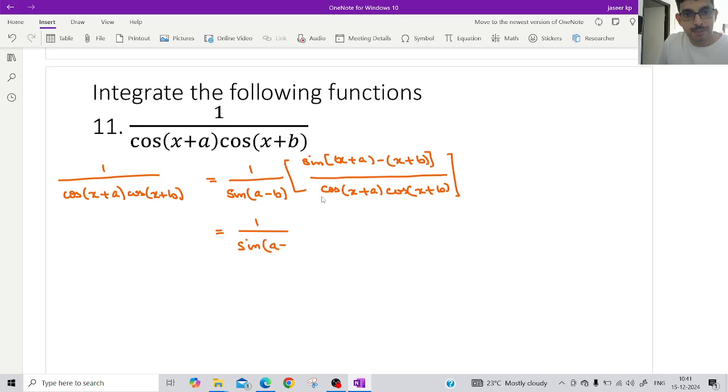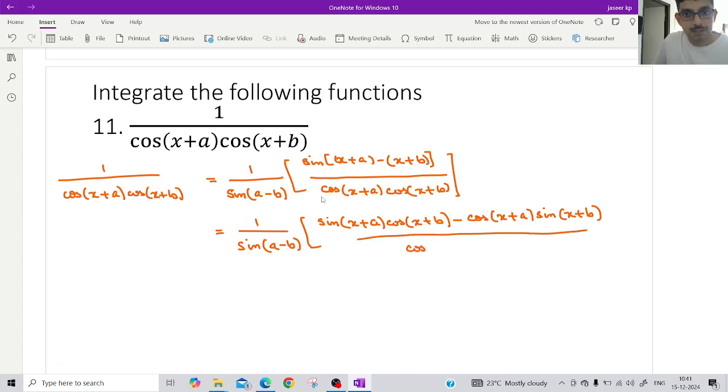Sin(a minus b) is sin(x plus a) cos(x plus b) minus cos(x plus a) sin(x plus b), divided by cos(x plus a) cos(x plus b).